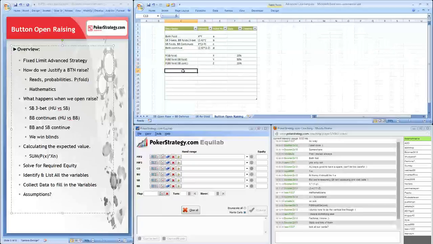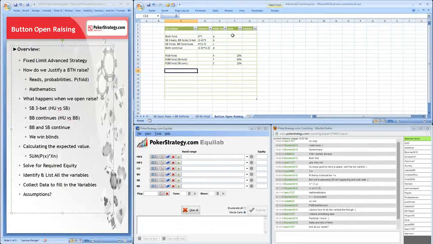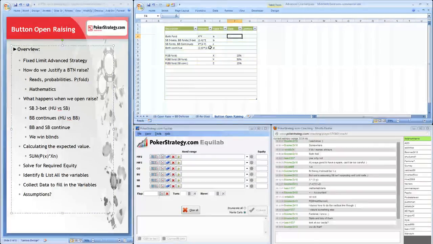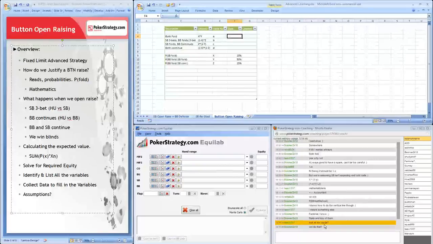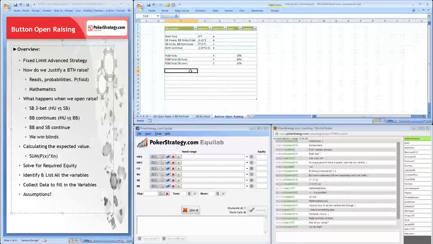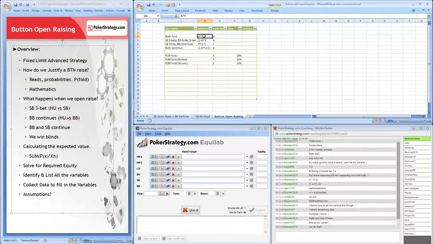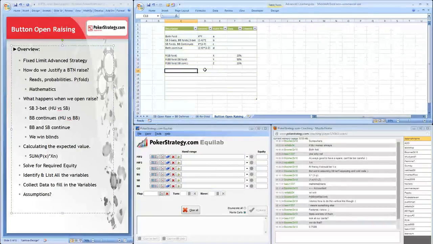So what are the payoffs in each of these situations? So if we choose to enter the pot and we're in the situation where both players fold, what is the payoff? Exactly. Yeah, 0.75 big bets.